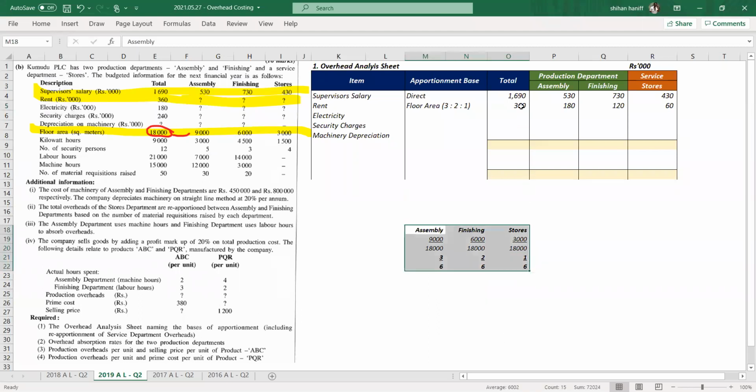Is it clear how we divide assembly, finishing, and stores? And tell me how much is the total cost for assembly, how much is for finishing, and what is the cost for the stores?